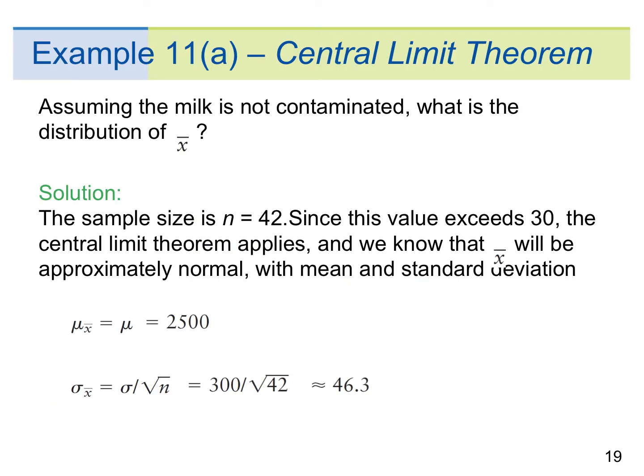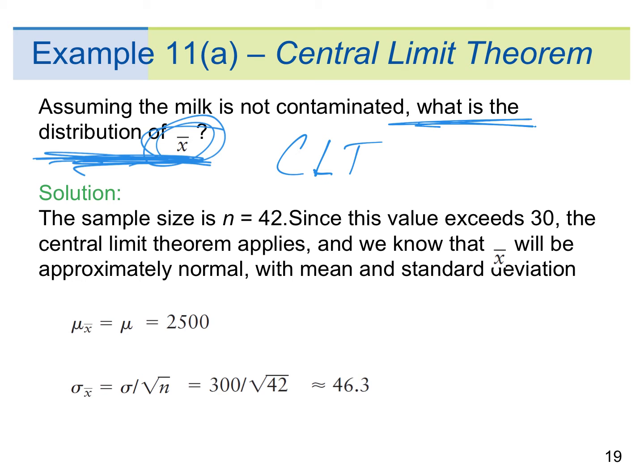So, assuming the milk is not contaminated, what is the distribution of X bar? When you see that question, what is the distribution of X bar, that means you're using the central limit theorem, especially when n is 42, which is a number greater than 30. So here we go. The mean of X bar is going to be the same as the mean of our problem, which is 2,500.